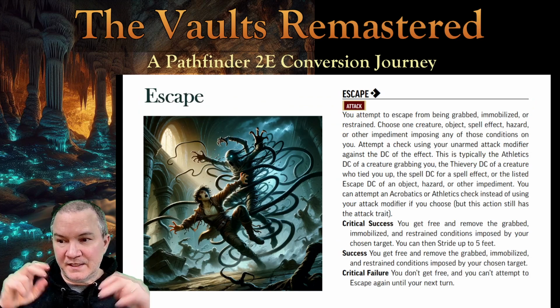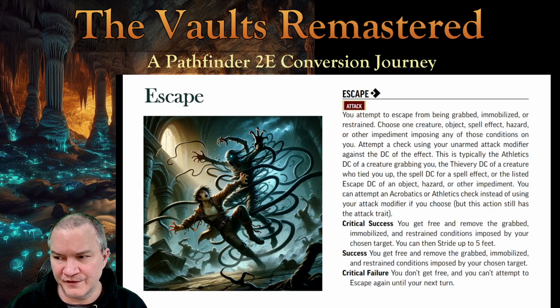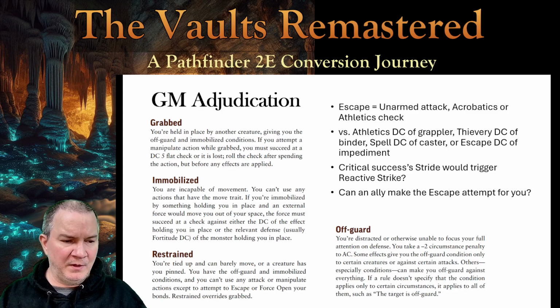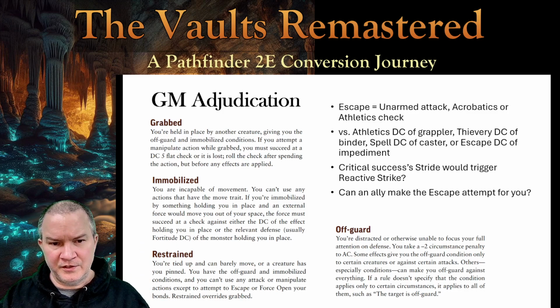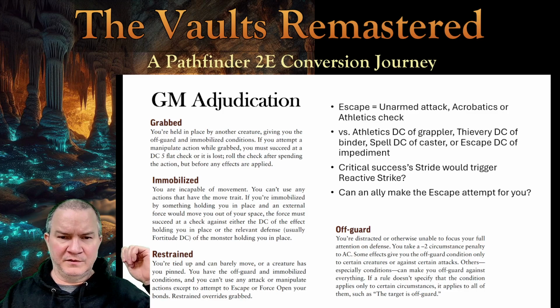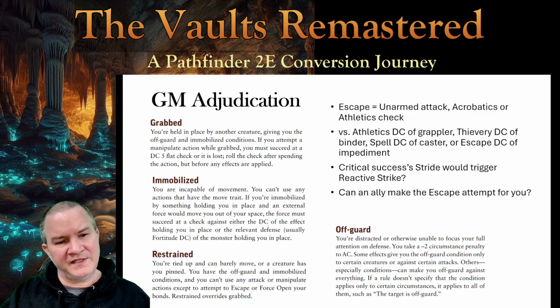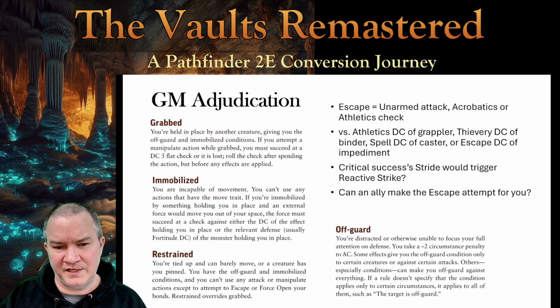So again, we have one of these basic actions, basic rules that I'm seeing some potential questions about. It's also pretty complicated when you start to add up all this stuff, right? Because you have this domino chaining of grab, immobilize, restrain, off guard. You've got I can use unarmed attack, acrobatics, athletics, and I can go against the athletics, the thievery, the spell DC, the escape DC, maybe the fortitude DC.